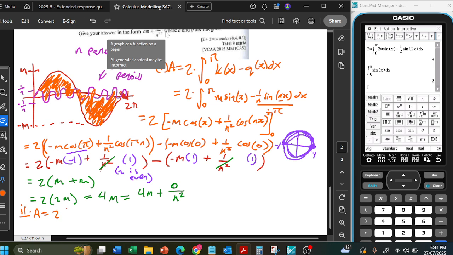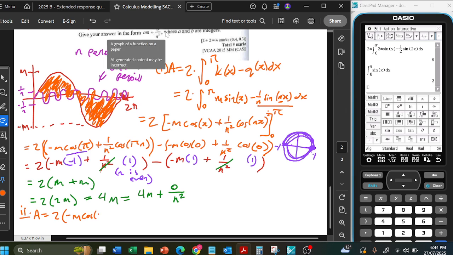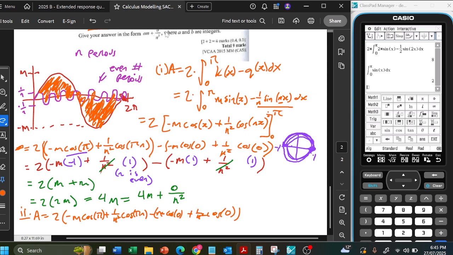The area is going to be equal to 2 times negative m cosine of pi plus 1 on n squared times cosine pi n, minus negative m times cosine 0 plus 1 on n squared times cosine 0. Okay, I realize that's a bit messy, but it's just the exact same thing as what's written in this line right here. So in this specific scenario now, what's going to happen?